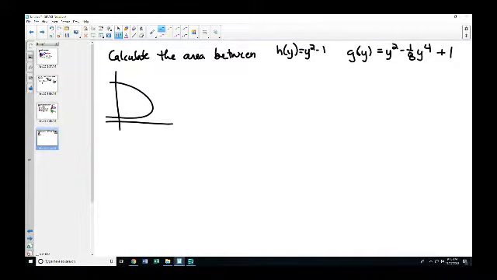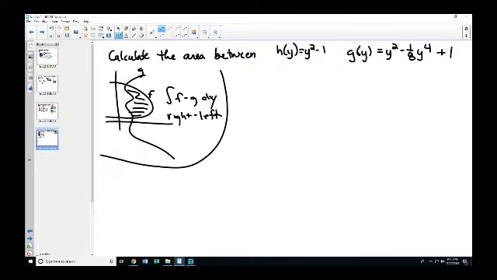The part that's left and the part that's right. So if this is integral f minus g, that's top minus bottom. It's right minus left, okay? For the sake of example.